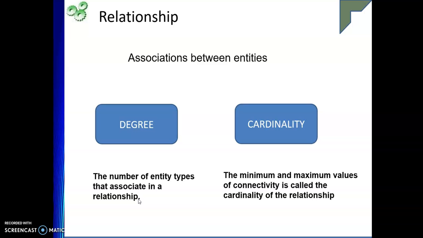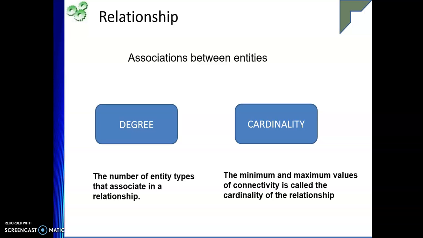So what is a relationship? When we are talking about entities, it is how entities are associated with each other. It has been classified into two things. One is the degree. Degree means the number of entity types that are associated with that particular relationship.